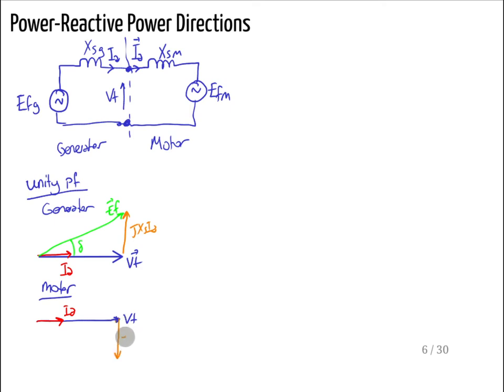That direction is minus jXS IA, right? Or it depends on how you define the relations.